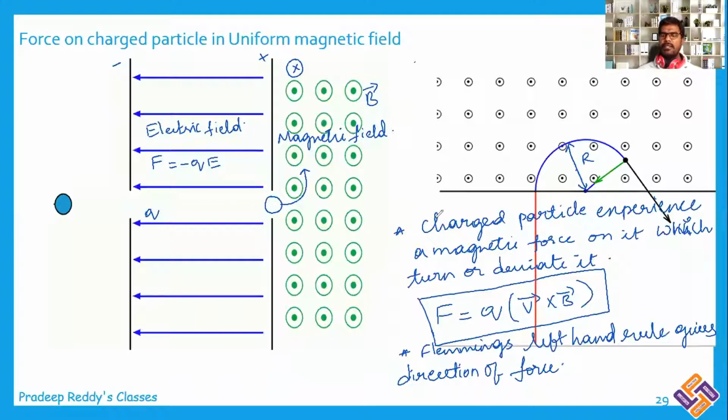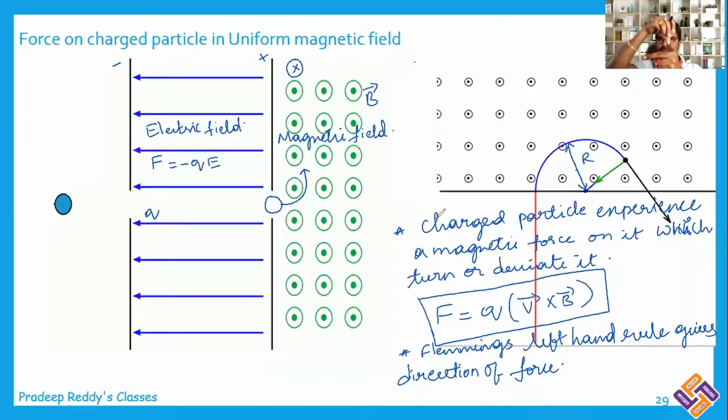Now, how to use Fleming's left hand rule? Take your left hand and put all the three fingers perpendicular to each other. You will be using three fingers here: thumb, index finger and middle finger. Thumb always represents force, and the index finger represents magnetic field, and the middle finger represents velocity of the charged particle.